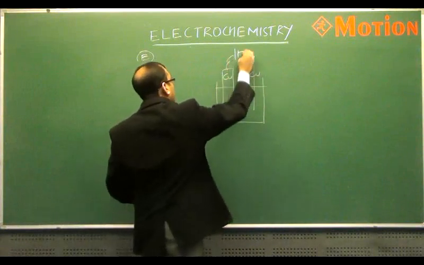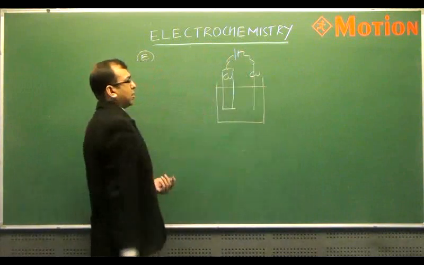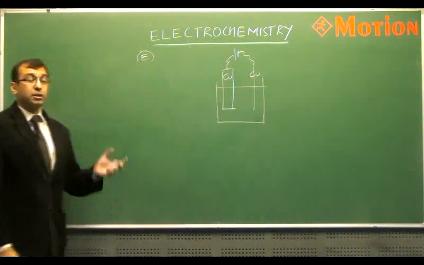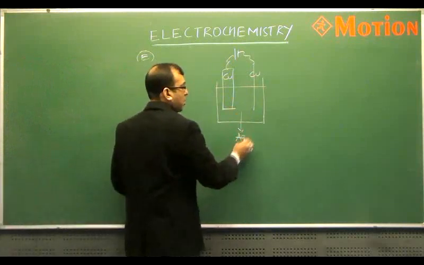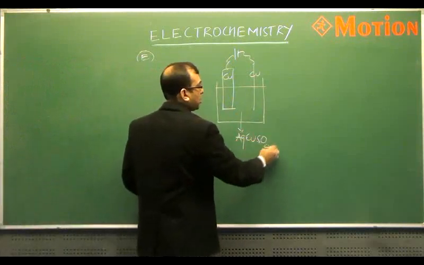This is the anode, this is the cathode. We are going to electrolyze copper sulfate solution, aqueous CuSO4 solution.